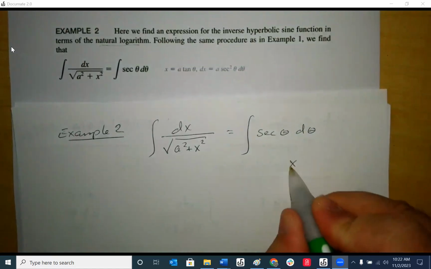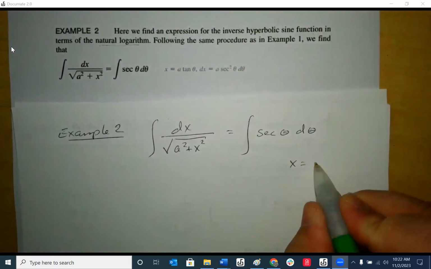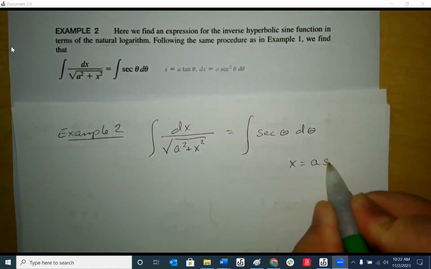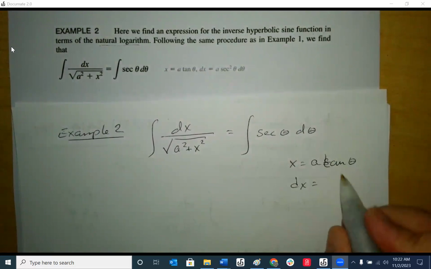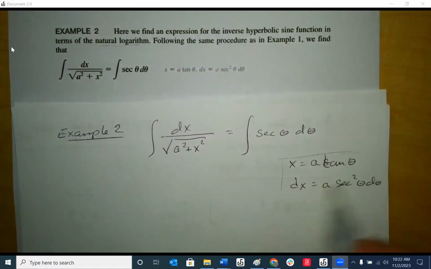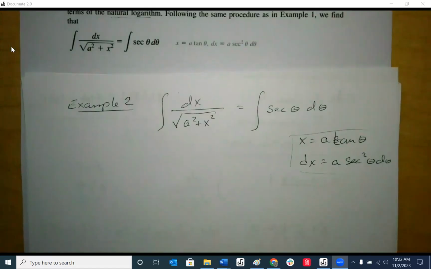And our conversions were x equals a tangent theta, and our dx was a secant squared theta d theta. That's where we're going to start off.